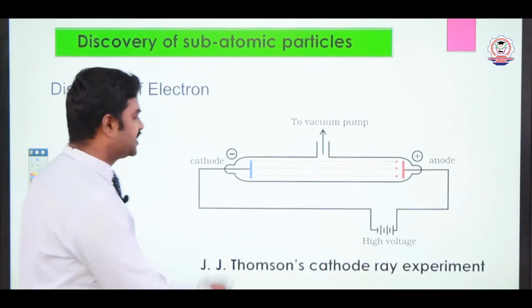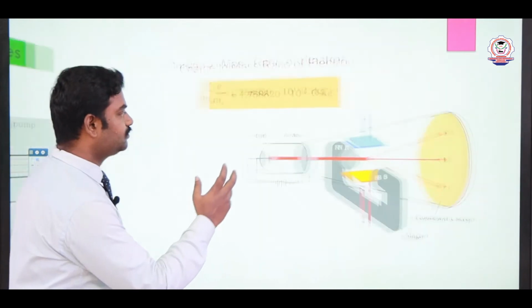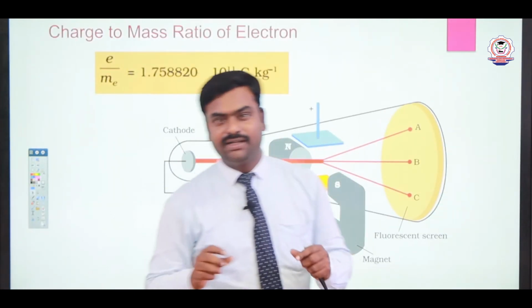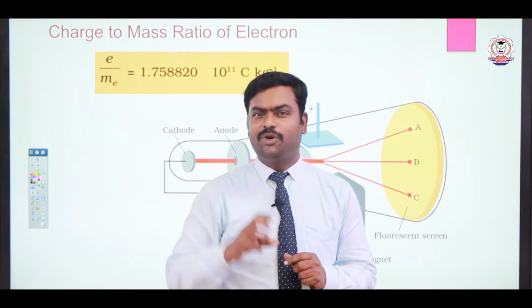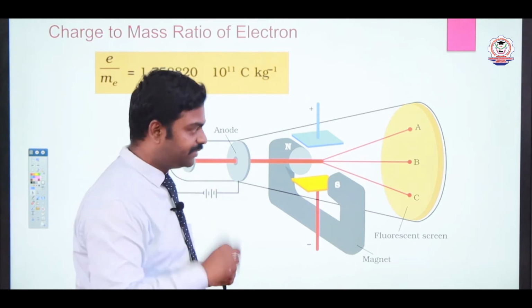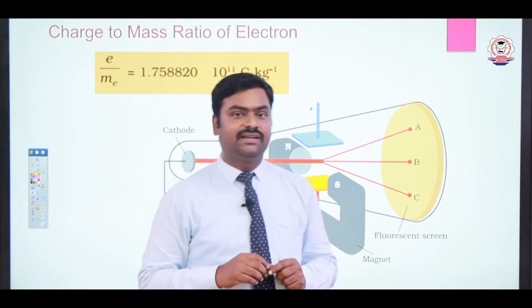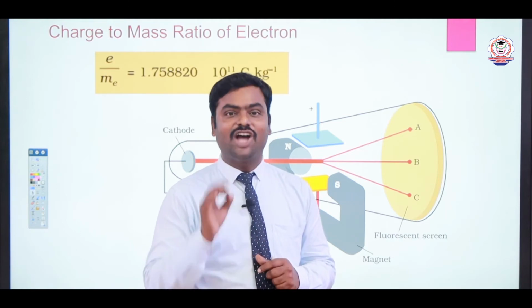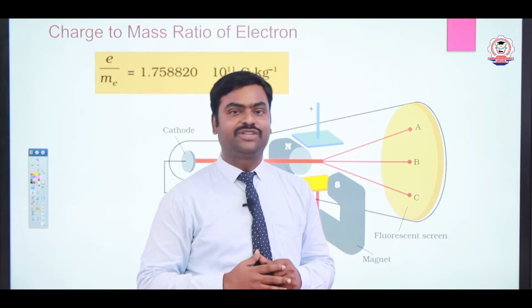The next one. After the discovery of cathode rays, J.J. Thomson was curious about the properties of these cathode rays. So he did another kind of experiment. In this experiment, he was able to find the e by m ratio, the charge by mass ratio, of that particle.